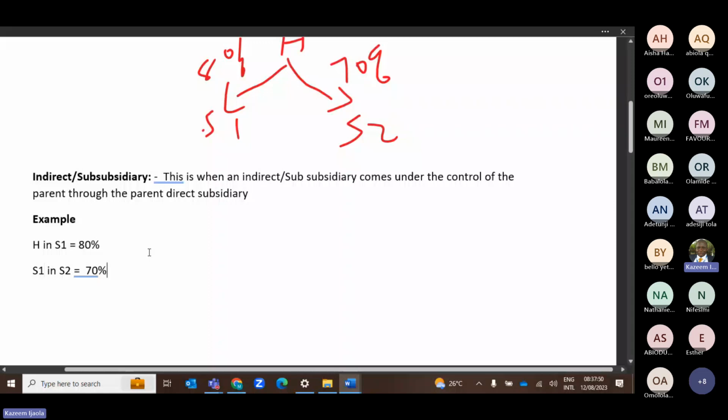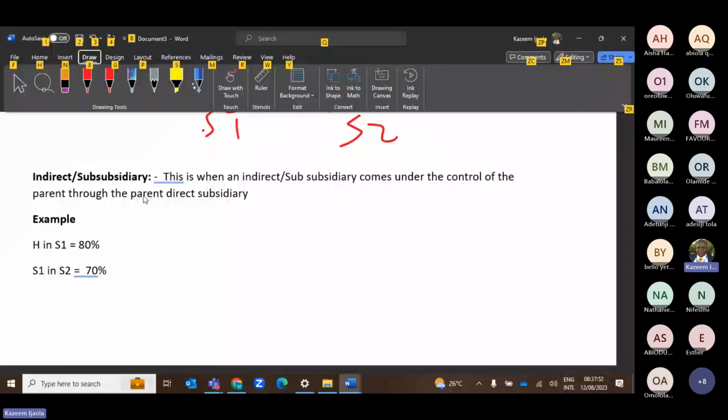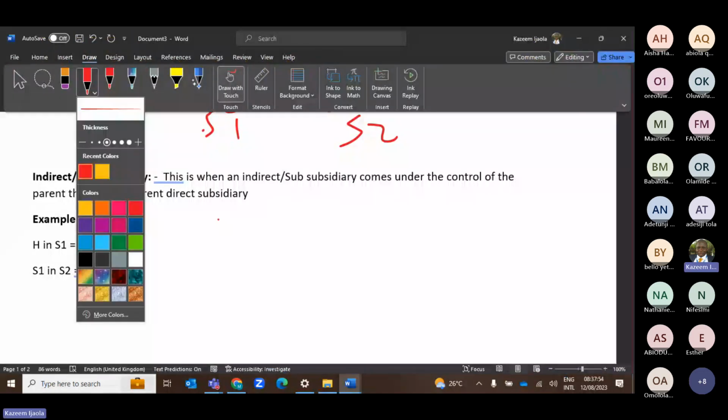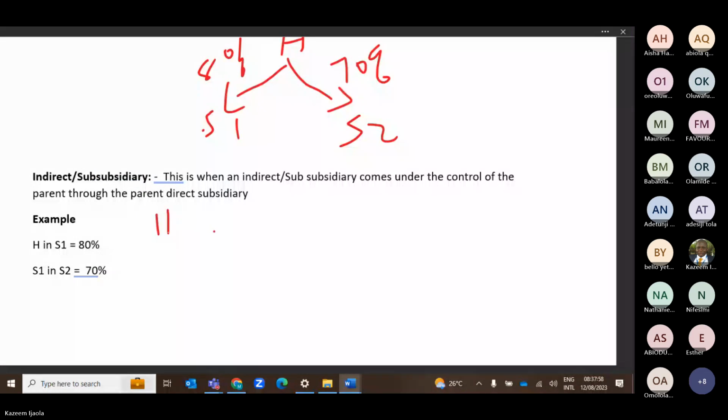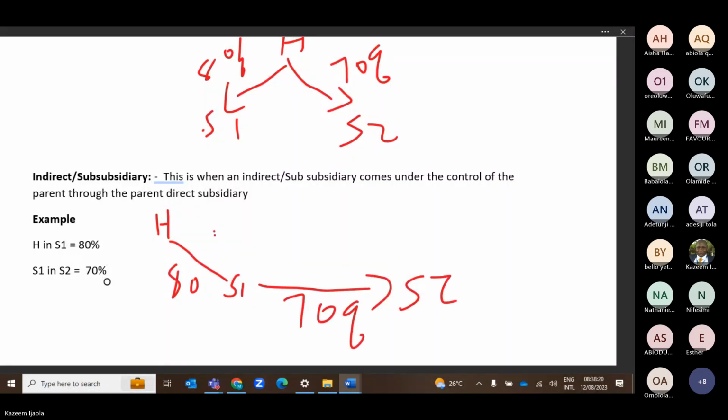We have our H here, the parent, and it owns 80% in X1. Then X1 in S2 owns 70. So H in X1 is 80 and X1 in S2 is 70.